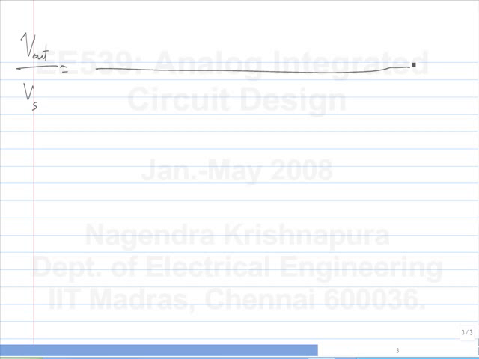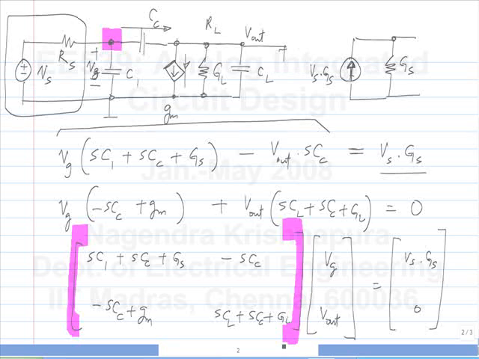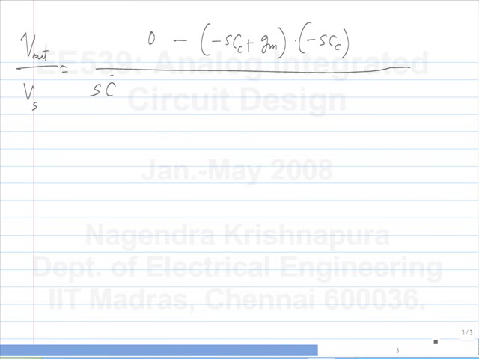So if I remember correctly, the terms were, the first one will be 0 and, okay, here we get, what was the term here? sC1.